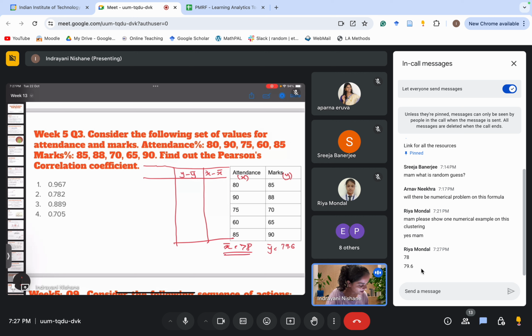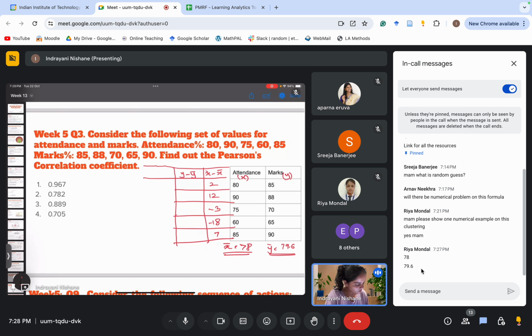We have the x bar value and the y bar value, so we need to populate x minus x bar and y minus y bar for all these 5 values. 12, 75 minus 78 will be minus 3, 16, 18, 7.